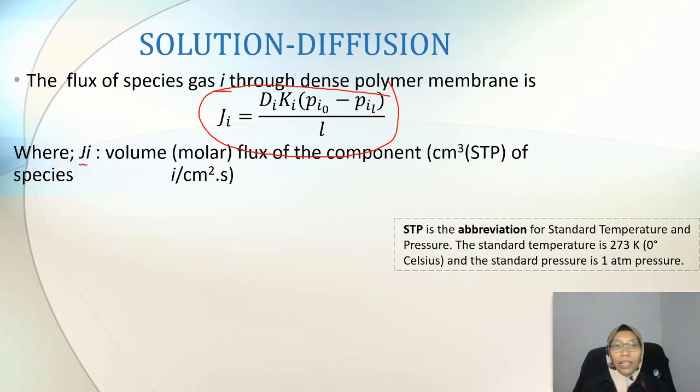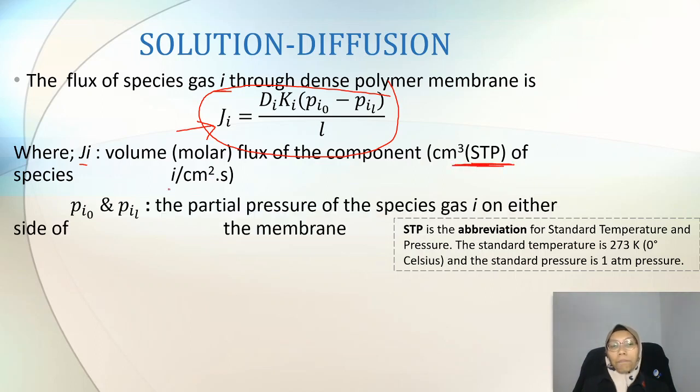What is Ji? Ji is the flux, the molar flow rate or molar flux of species i at standard temperature and pressure. Pi0 and PiL are the partial pressures of gas species i on either side of the membrane.